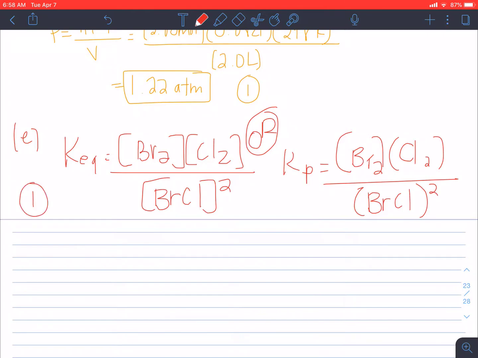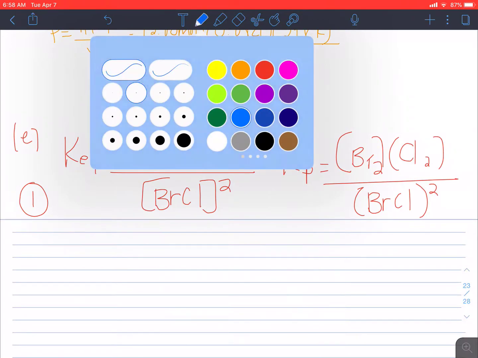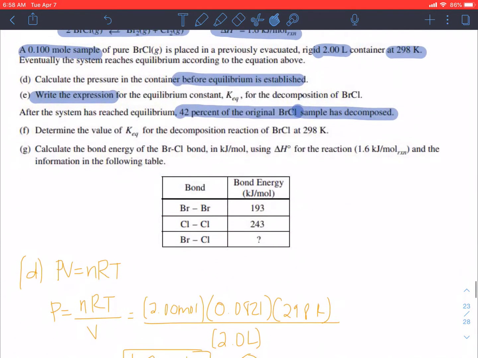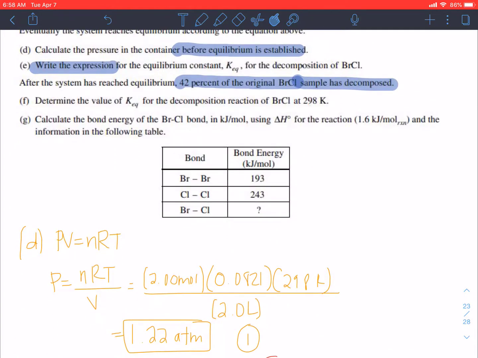Okay, so let's go on to F. Once again, that's pretty easy peasy up to this point. So F, let's go back and read the problem. After the system has reached equilibrium, 42% of the original BrCl sample has decomposed. Determine the value of K equilibrium for the decomposition. So here we're going to do an ICE table.